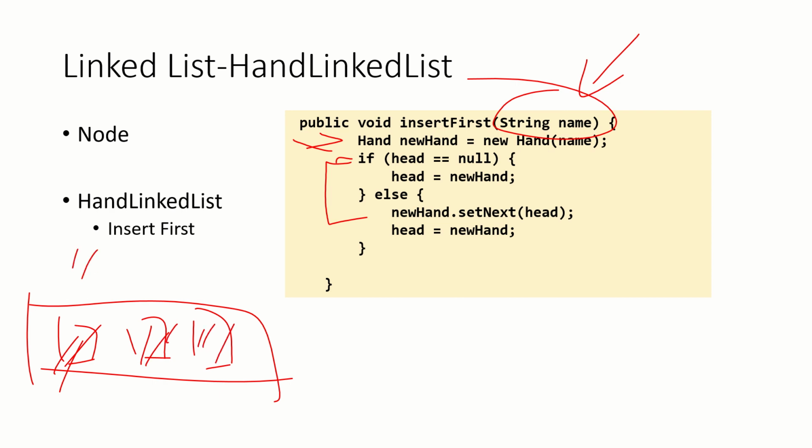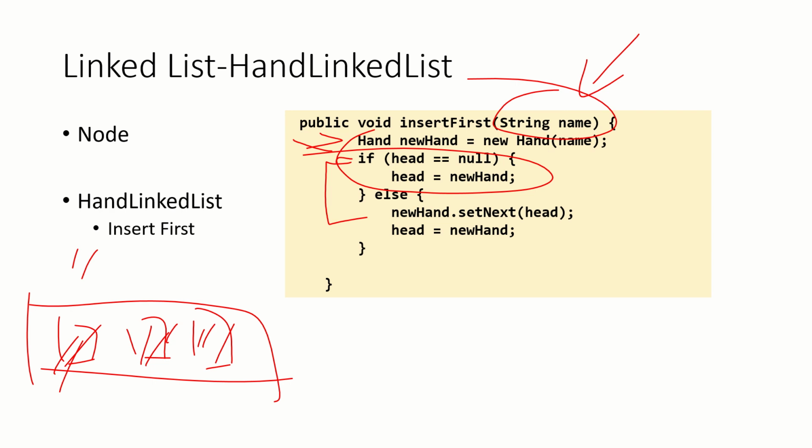At this time, we find out this linked list has no head, so anything you want to insert would be the head. So the if statement tells us, if there's nothing in this list, the new one will be the head.